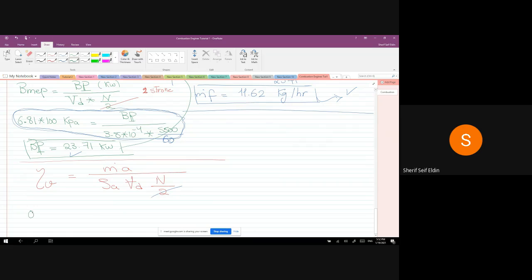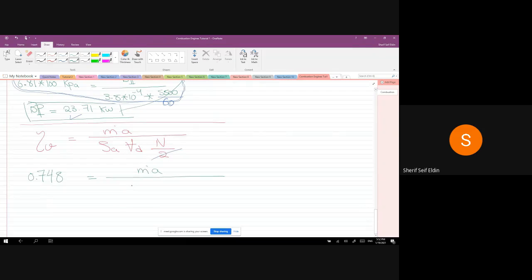The volumetric efficiency was given 0.748. M dot air over density of air is 1.17, V displacement 3.8 multiplied by 10 to the negative 4, N is 5,500 over 60.